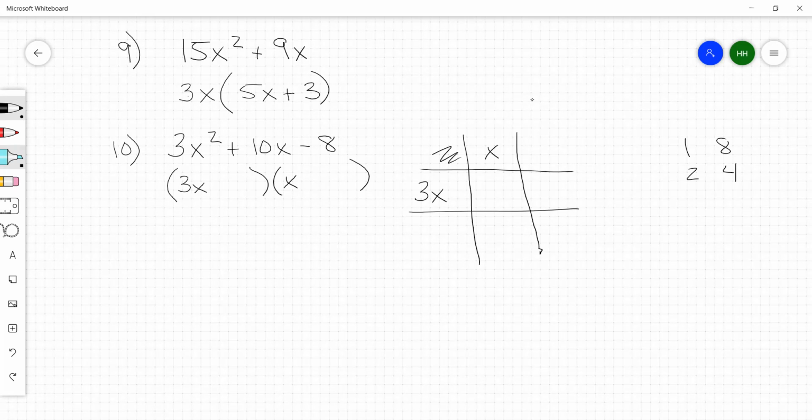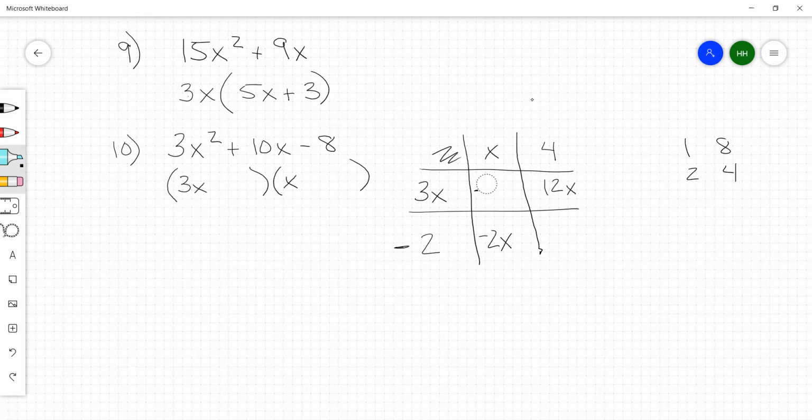If I go 4 here, I get a 12x. 2 here gives me a 2x. If I make the 4 positive and the 2 negative, this will be a negative 2x. And let's see, I put that in the wrong place, didn't I? I should go there.